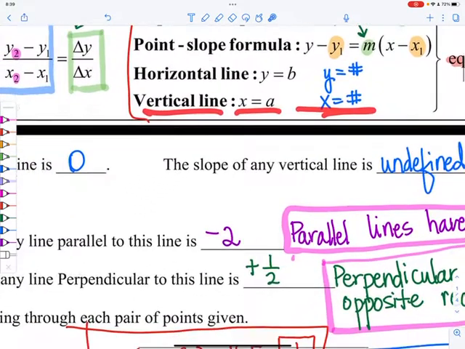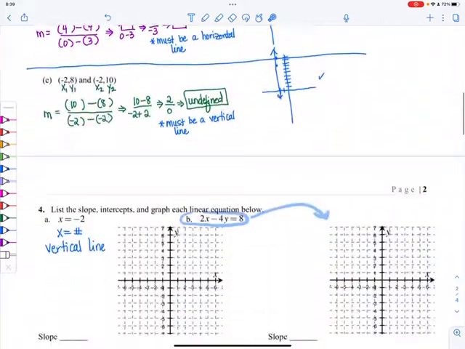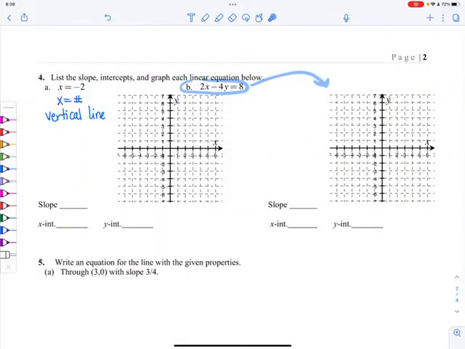So now, what is the slope of any vertical line? It is undefined. And this vertical line says x equals -2. So what that means is we've just got this vertical line right here that goes through x equals -2. This is the graph of this vertical line.